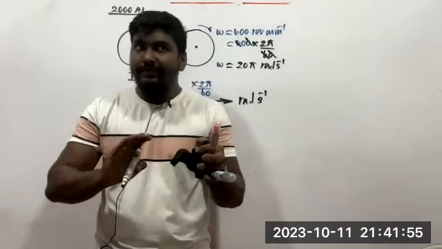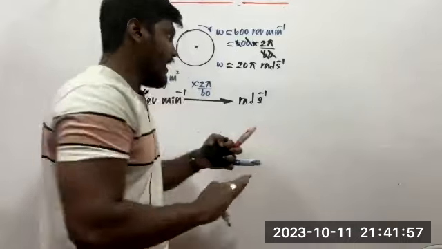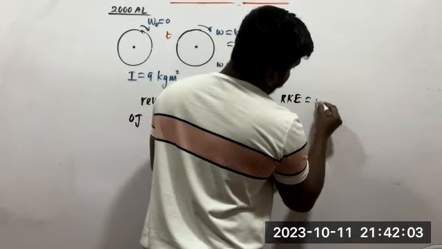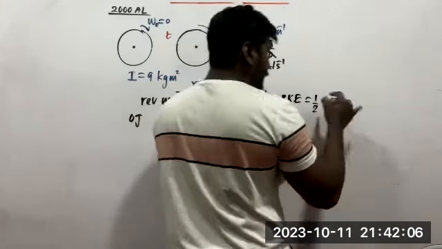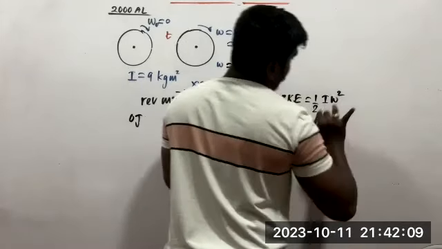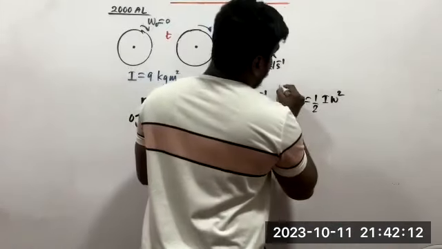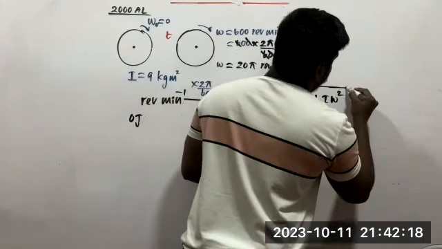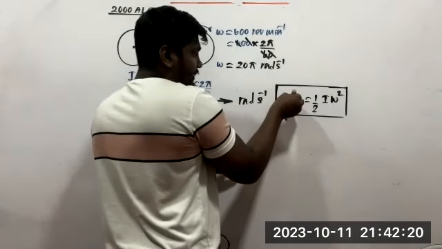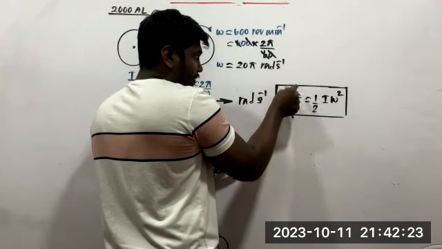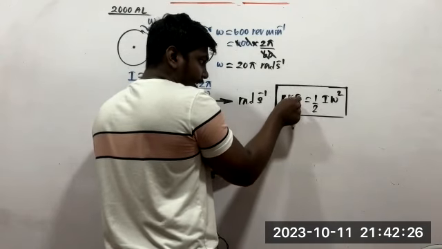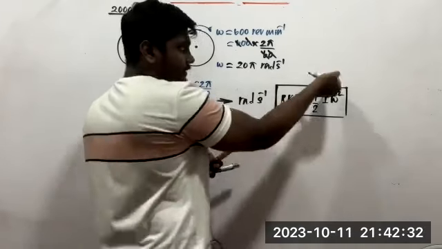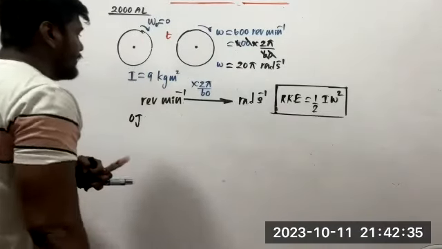The equation we learned for rotational kinetic energy is half I omega squared. Just think about linear motion: the equation for linear kinetic energy is half m v squared.